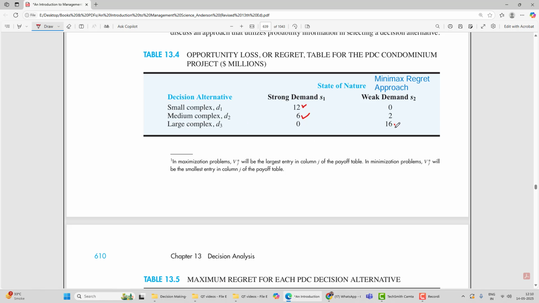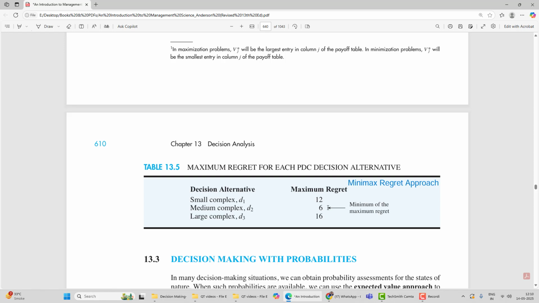If I take large complex decision, the maximum regret will be 16, right? So these maximum regrets are now captured here, and out of this, obviously I will always go for minimizing my maximum regrets. So I will go for D2 under this approach. So this is how the minimax regret option is taken.